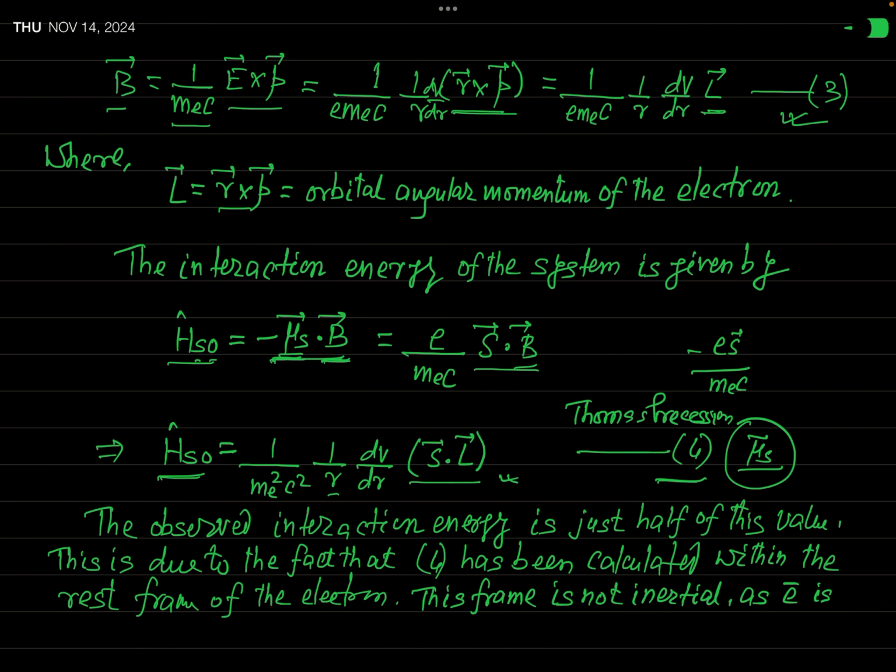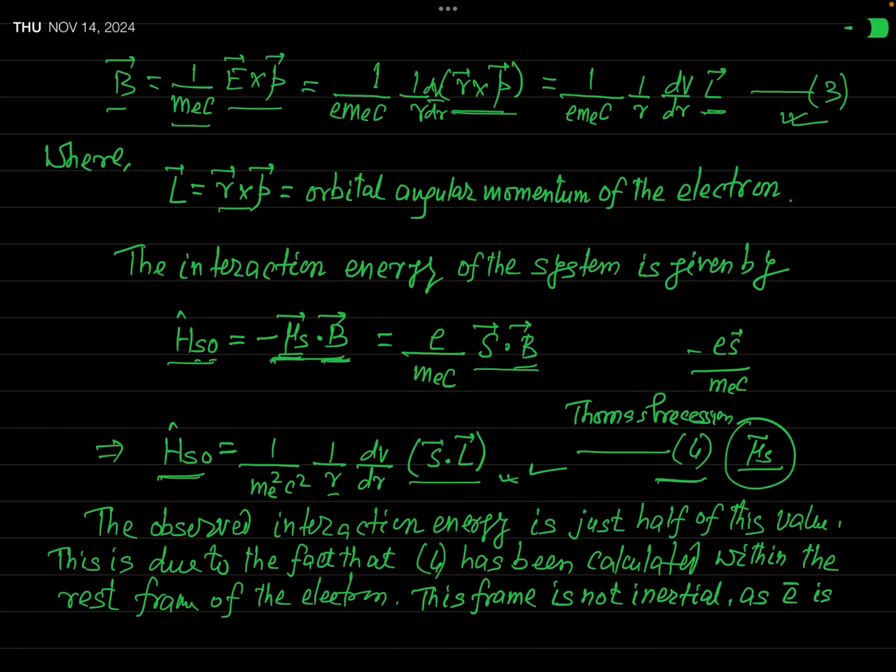Actually, the precession of the electron spin moment is a relativistic effect, and it occurs even in the absence of an external magnetic field. So the transformation back to the rest frame of the nucleus leads to a reduction of the interaction energy defined in this equation 4 by a factor of 2.